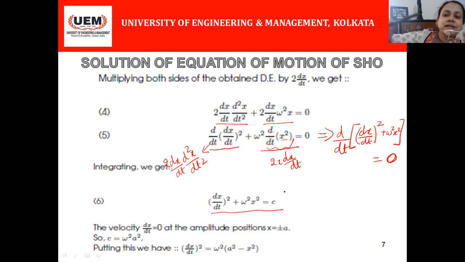So at the amplitude position or extreme position, the direction of motion of the particle is being changed. It is traveling in one direction while it's going from equilibrium to amplitude, but at amplitude its direction of motion is changing, which is why it's coming back to equilibrium.